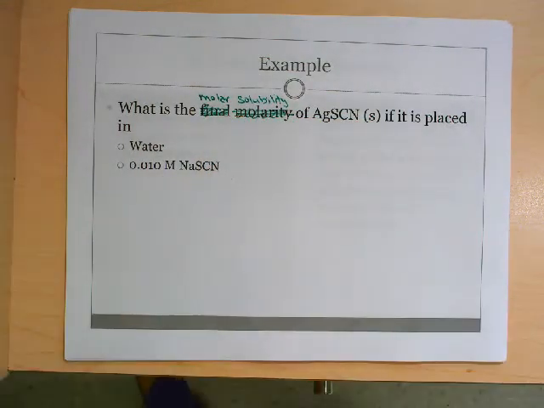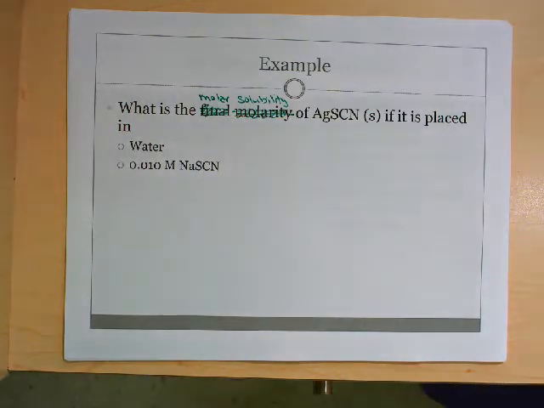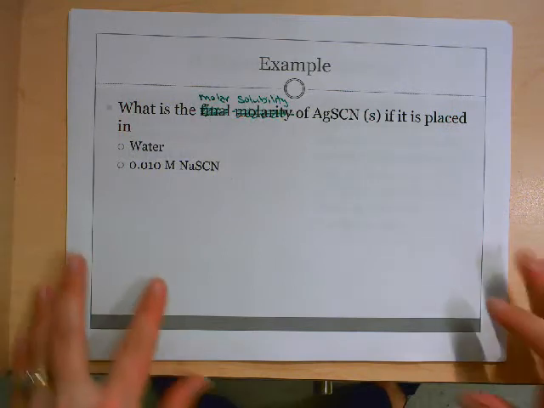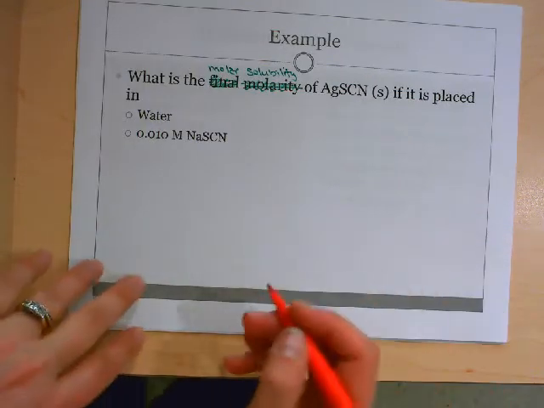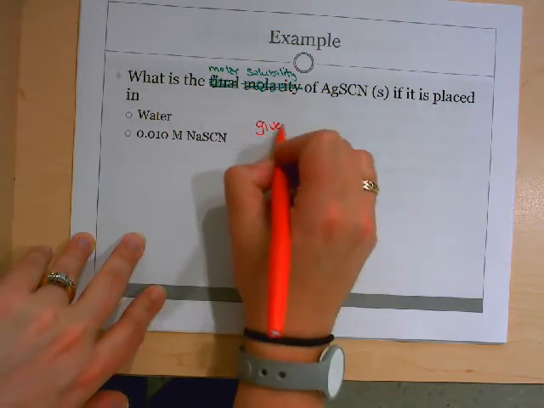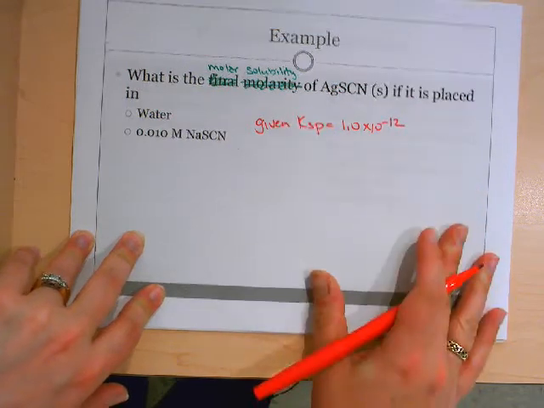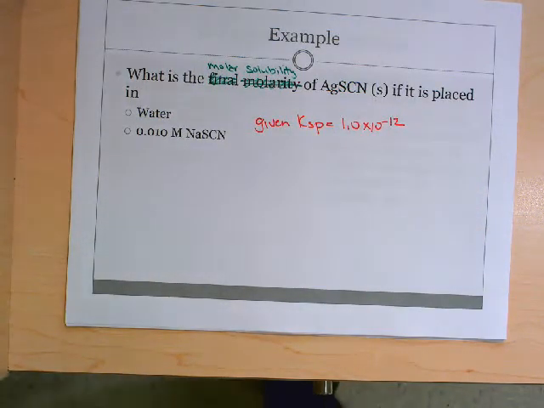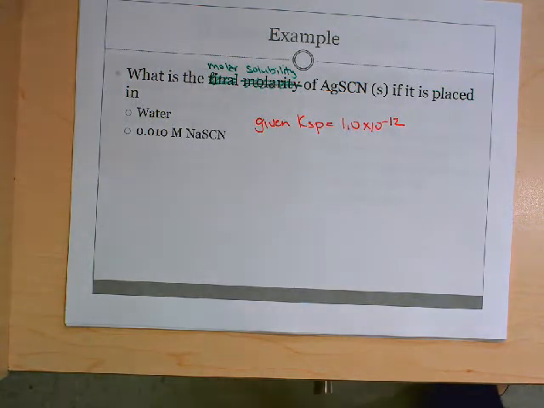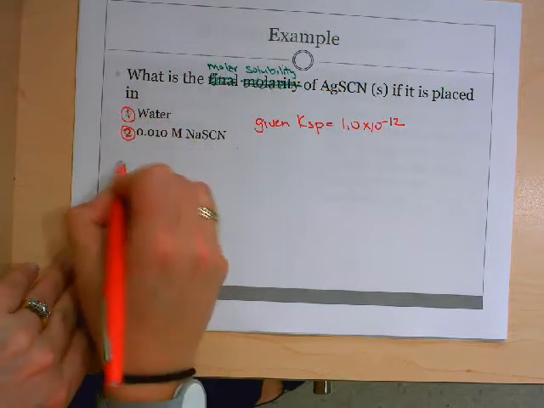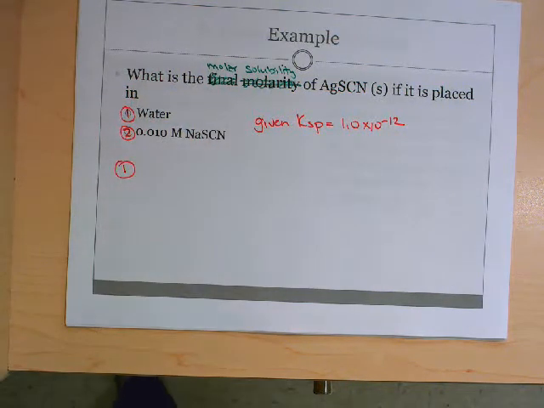Alright, find the molar solubility of silver thiocyanide. If I just have it by itself in water, case 1, and case 2, I have a competing ion. Alright, so let's do... given that KSP is 1 times 10 to the negative 12. Alright, so let's say I'm just in water.